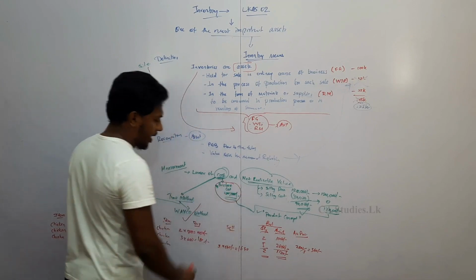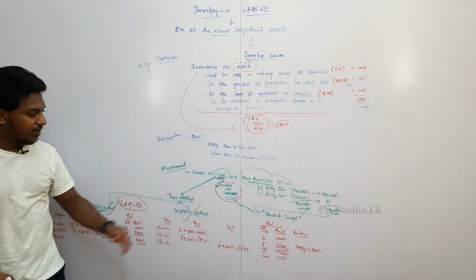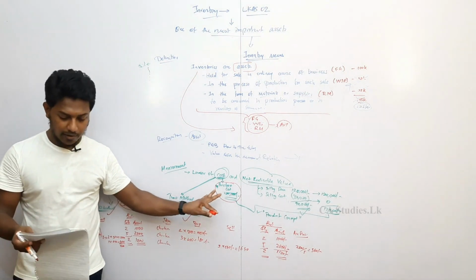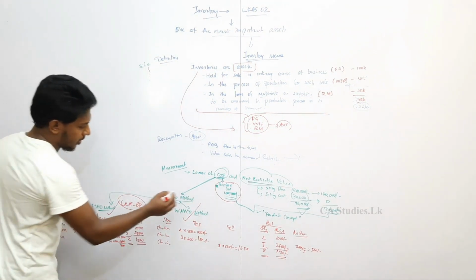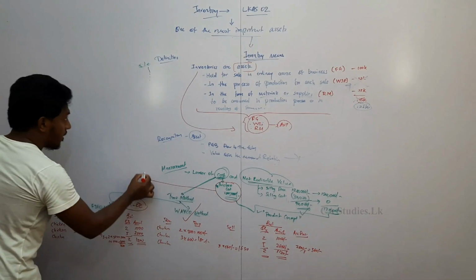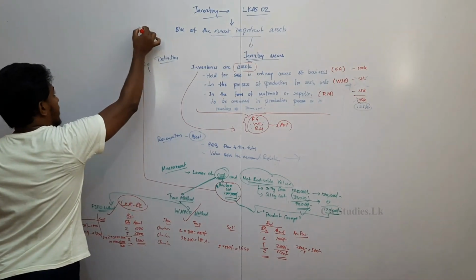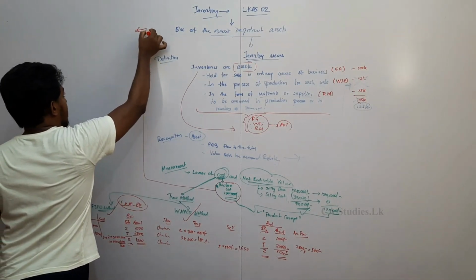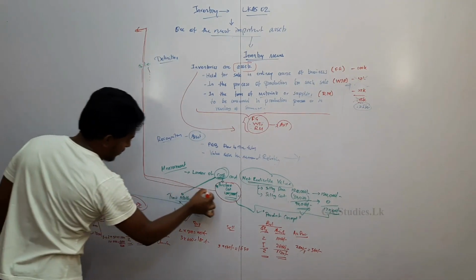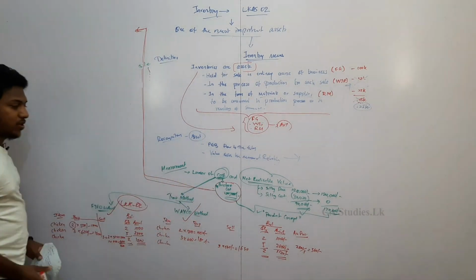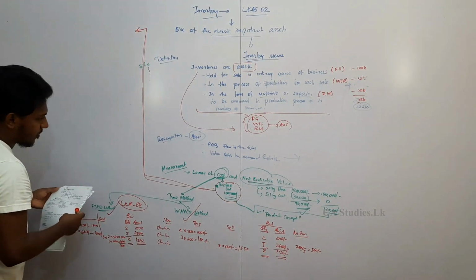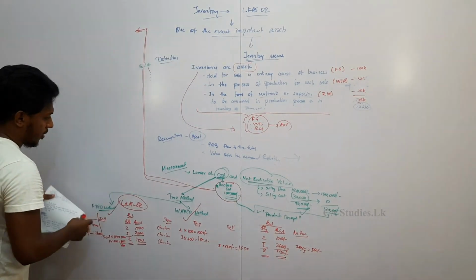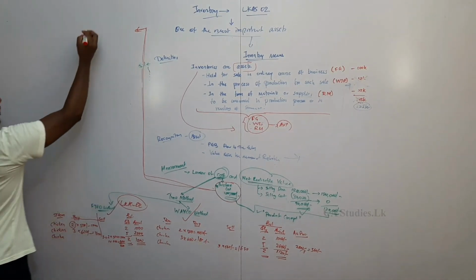We still didn't learn what the cost of the purchase will have, right? I don't need to explain this because you should understand the cost of the purchase. Cost of the purchase means all the purchase costs should be included, right?